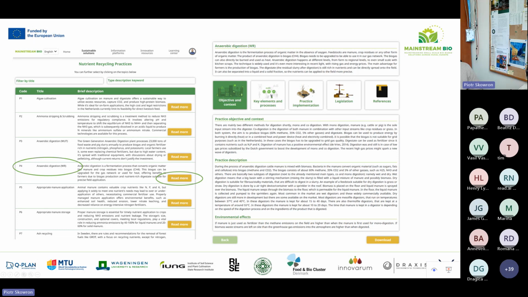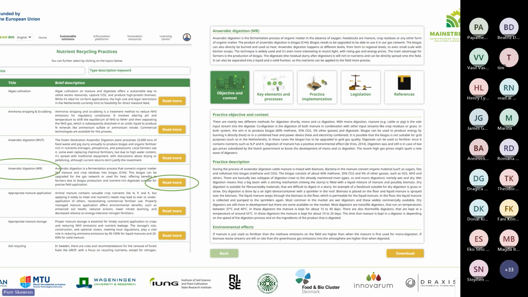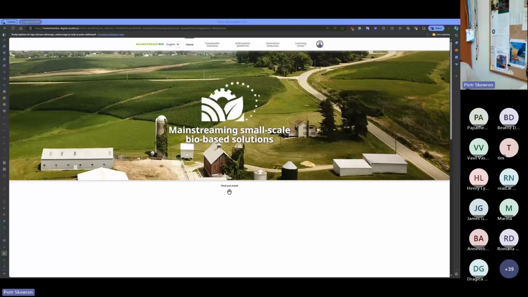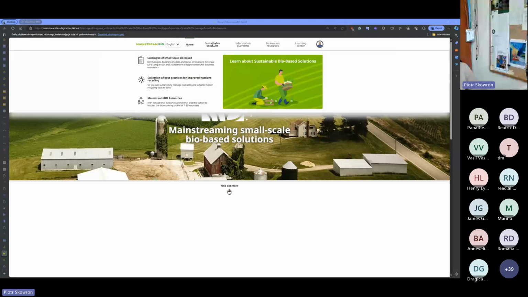I'd like to very fast move to the website. Let's try. I hope you see our toolkit. In the digital toolkit, we have to choose sustainable solution, and move to the collection of best practices for improved nutrient recycling.